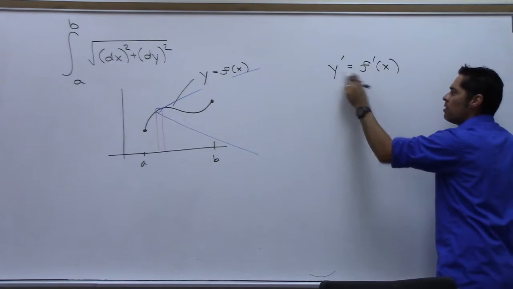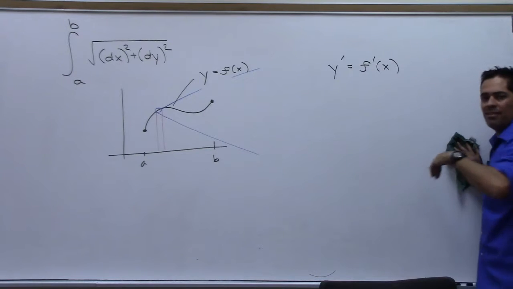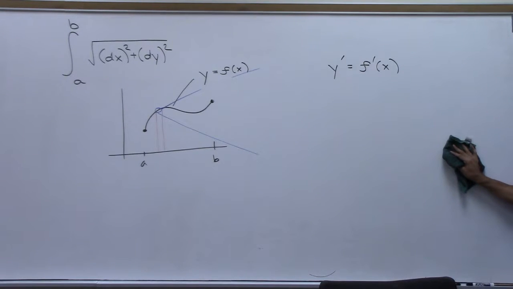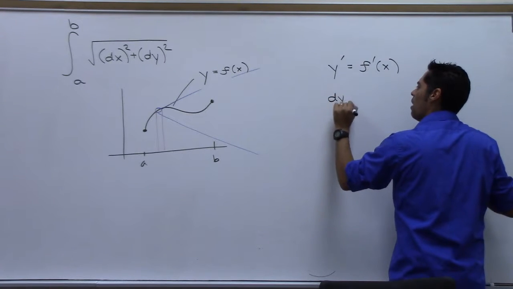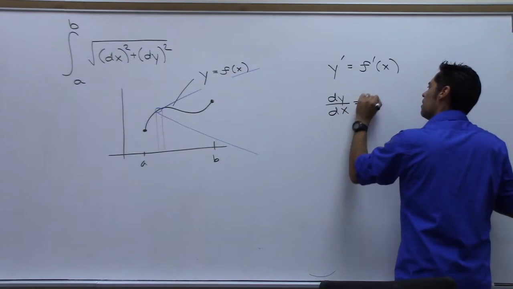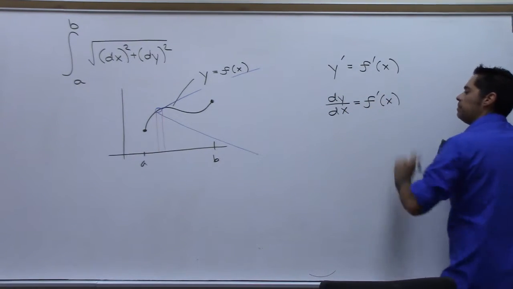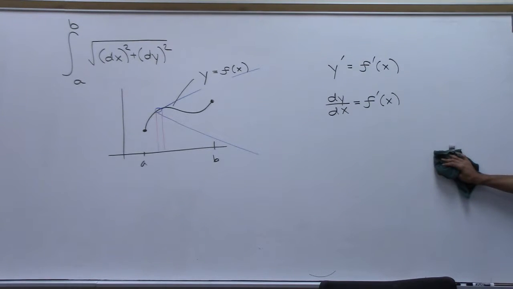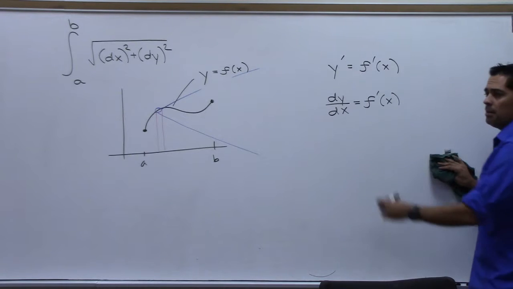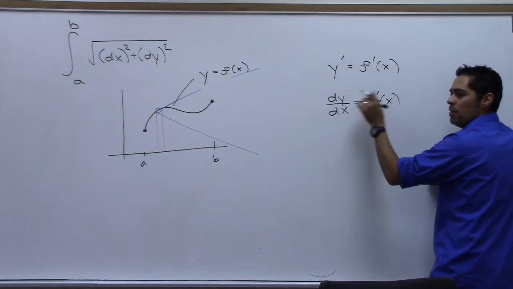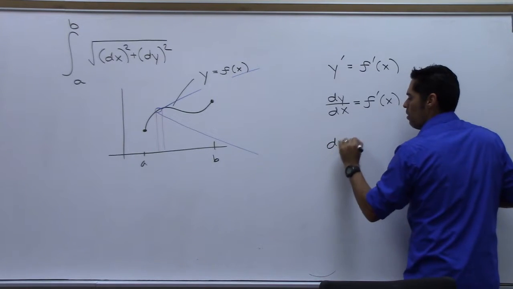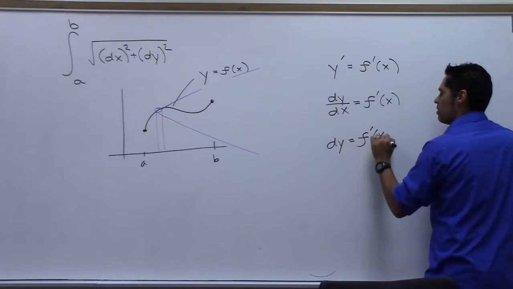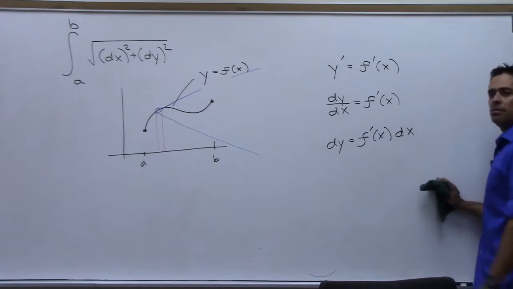Now, another way you could write y prime is using Leibniz notation, which is where you get dy dx. So this is the same as saying dy dx equals f prime of x. Yeah? And then if I multiply both sides by the differential, dy is equal to f prime of x dx, isn't it?